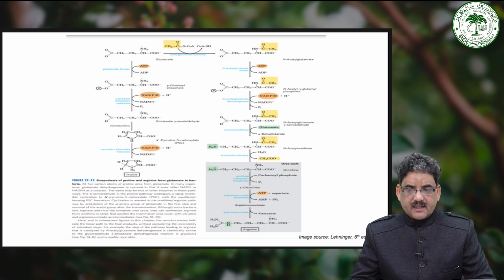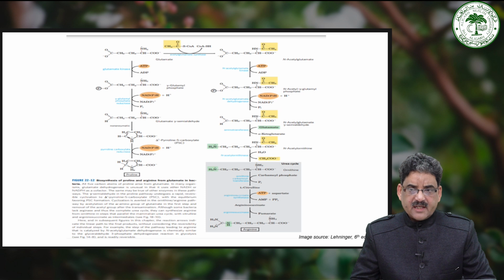Proline, a cyclized derivative of glutamate, is formed through a series of enzymatic reactions. The initial steps involve the reaction of ATP with the gamma carboxyl group of glutamate, resulting in the formation of an acyl phosphate.